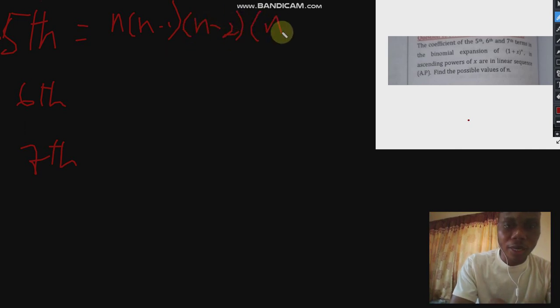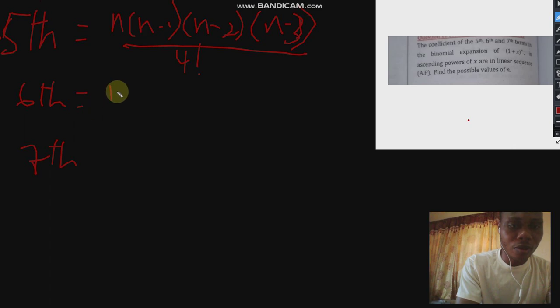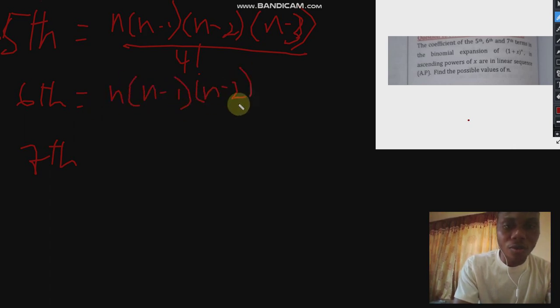The 5th term, the 6th term, and the 7th term of the binomial. That should give us n minus 1, multiply n minus 2, multiply n minus 3, all over 4 factorial. The 6th one is n minus 1, n minus 2, n minus 3, all over 5 factorial.